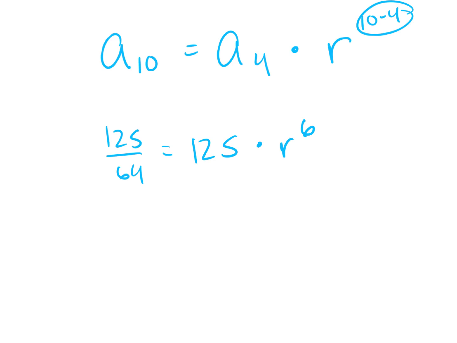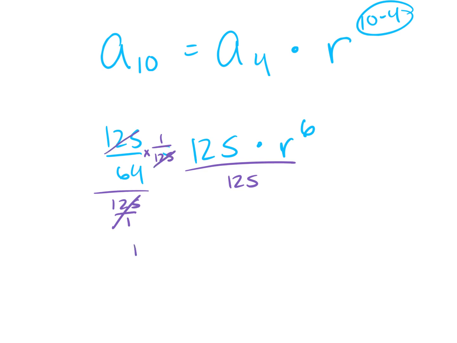R. So what should I do first to solve for r? Divide both sides by 125. I can make it 125 over 1. What do I do when I have a fraction over a fraction? Keep, change, flip. So I'm going to flip it to 1 over 125.